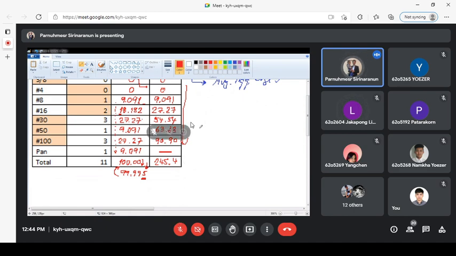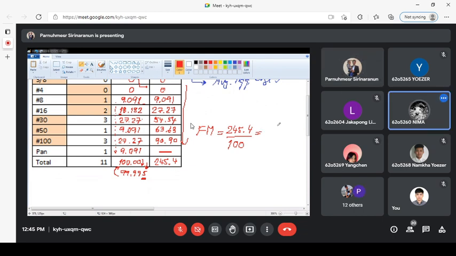Now you can find your finite product of this aggregate. When you compare the total sum of the cumulative retained normalized percentage, what you get is the index. It should be what? 2.454. Yes, 2.454.